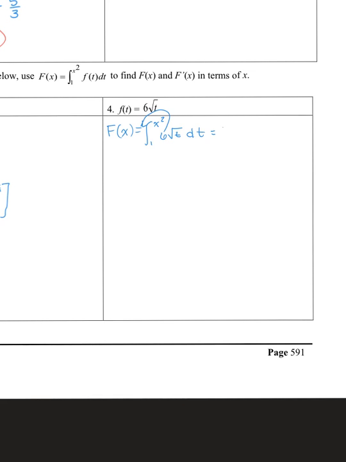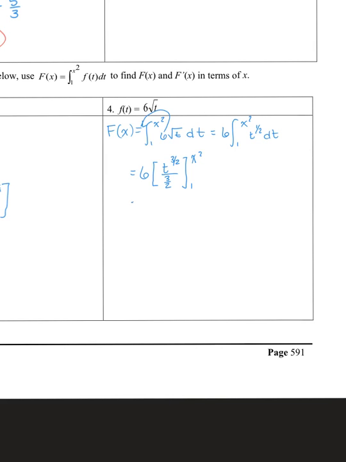So this is the same as 6, the integral from 1 to x squared, and I'm going to go ahead and change the square root of t into t to the 1/2 dt. Okay, so we integrate this, and so the 6 is going to stay outside, and you get t to the 3/2 over 3/2, evaluated from 1 to x squared.